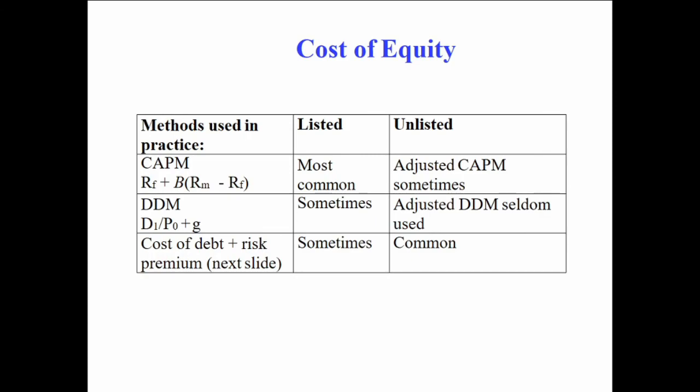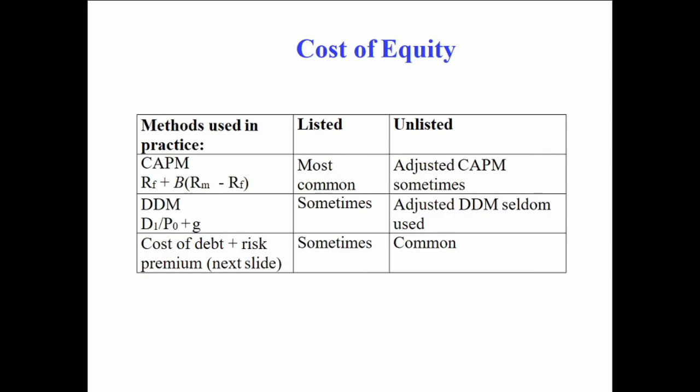Therefore, based on these assumptions and limitations, analysts sometimes determine the cost of equity by using the company's bond yield or interest rate and adding a risk premium to this. This risk premium is usually based on management's judgment or past experience. The risk premium that will be added usually falls in the range of 2% to 6%.